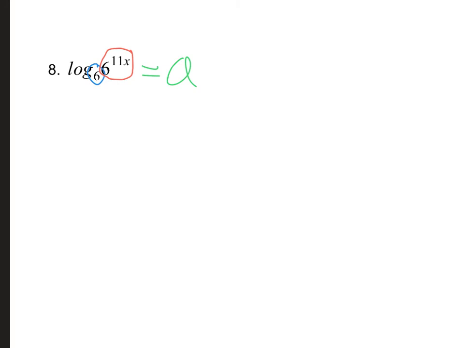So again, we just got to rewrite this. Remember, this 6 is just raised to that over here. And usually I circle it, so let's circle it. So let's rewrite this. We have base 6 raised to the a, and that's going to equal this 6 to the 11x. Now, what happens here?